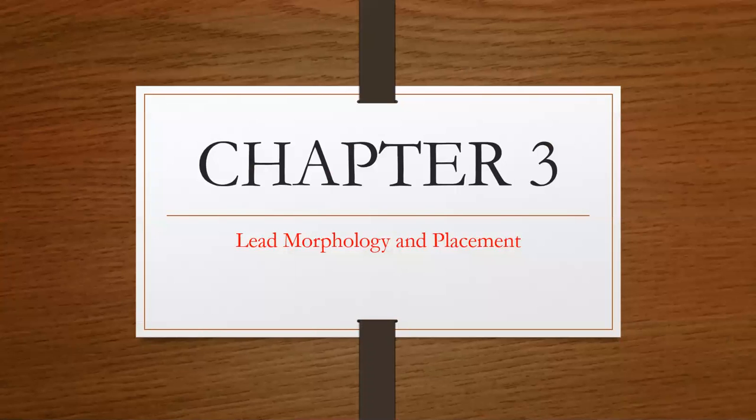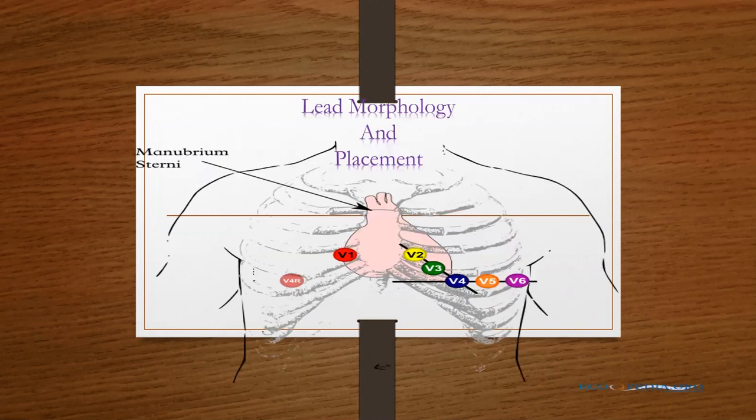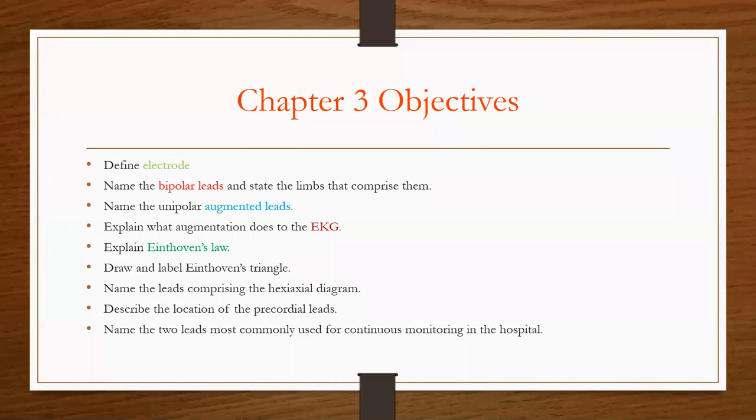Today we're on chapter 3, lead morphology and placement. Our objectives for the chapter will be defining an electrode. We'll talk about the bipolar or limb leads, augmented leads, what augmentation does to the EKG, Einthoven's law, and Einthoven's triangle.